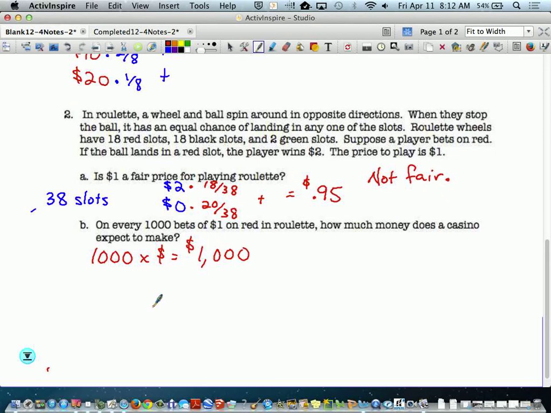Because the expected value is 0.95 times 1,000. You know, oops, I forgot my $1. So how much do they expect to take? You could multiply that by the 5%, the 0.05, right?